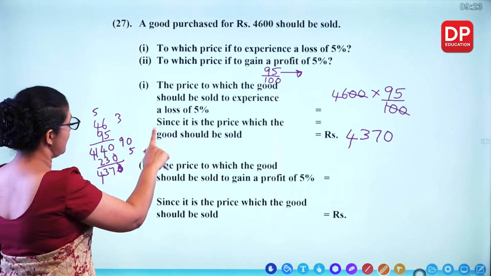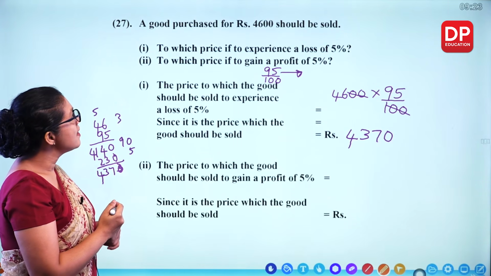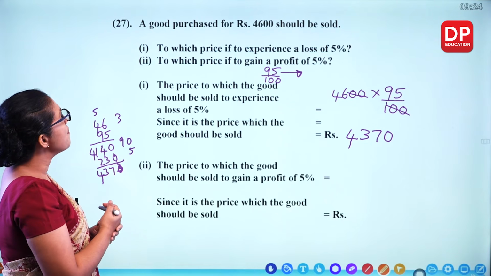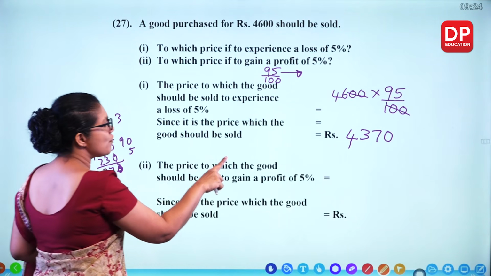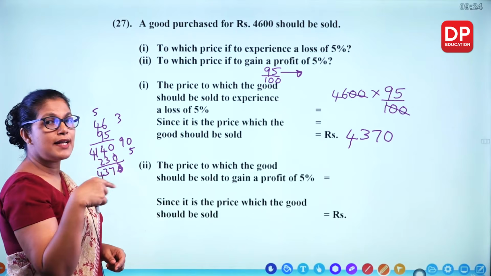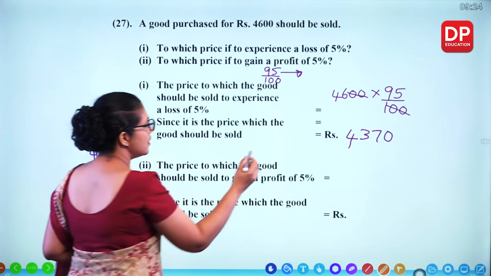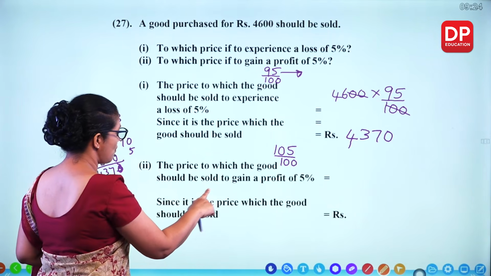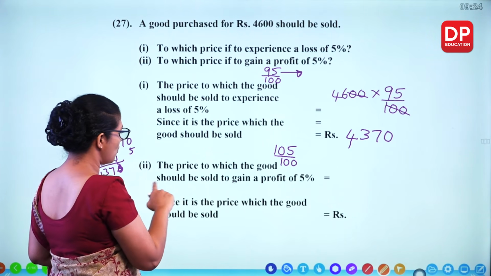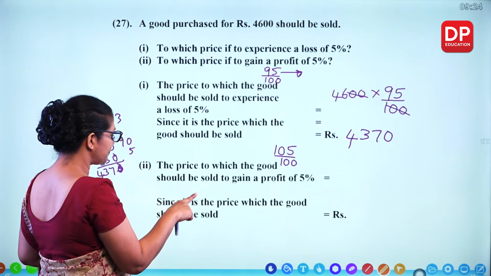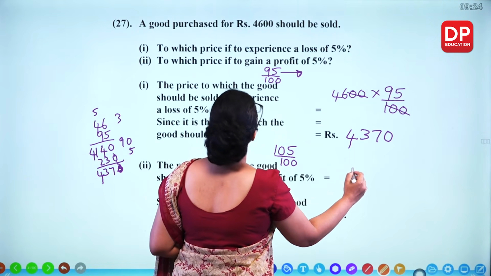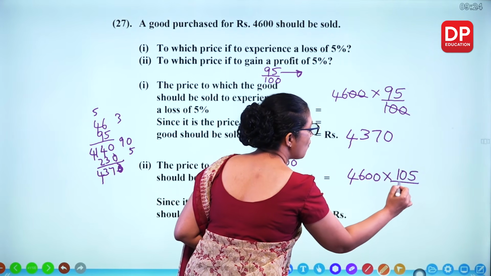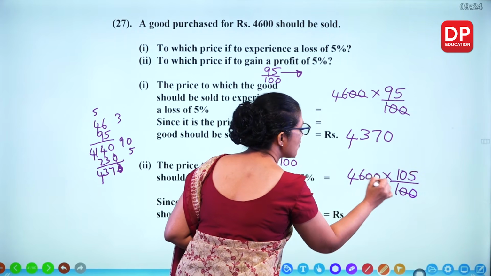Now, the second part is a price to gain a profit of 5%. Profit of 5% means if you buy for 100, you have to sell it for 105. 105 over 100. So, to get 5% profit, what's the selling price? 4,600 into 105 over 100. 2 zeros get cancelled out.